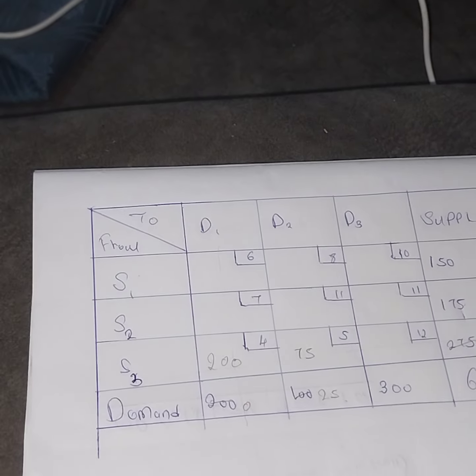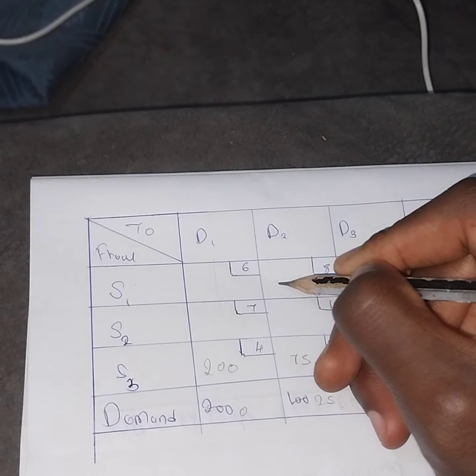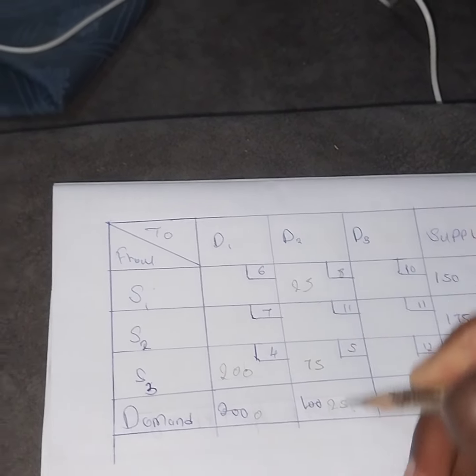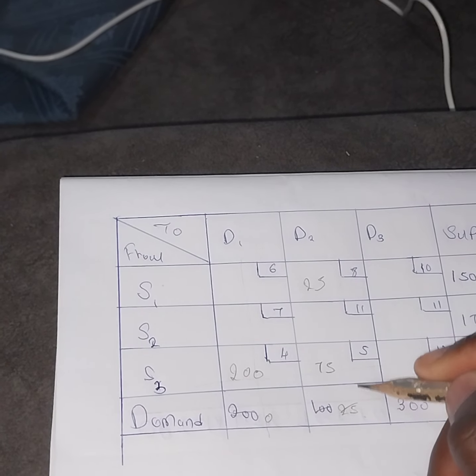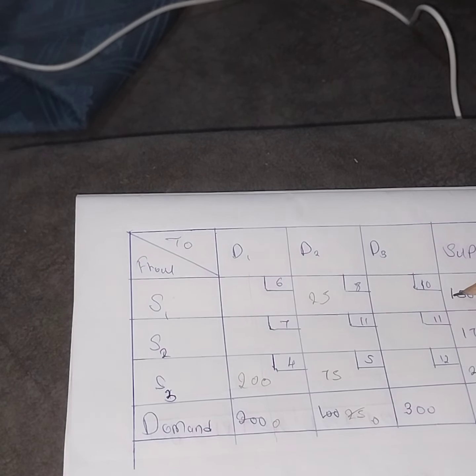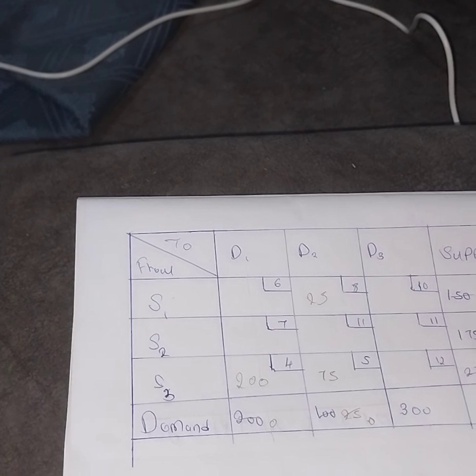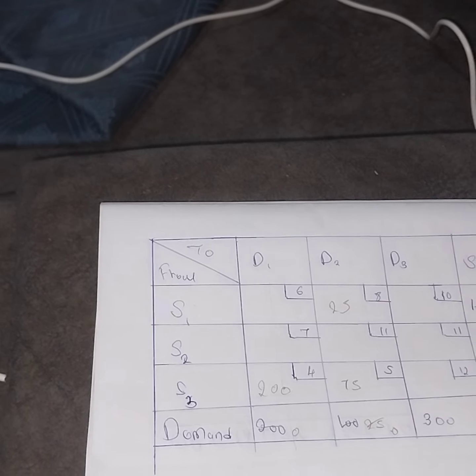So we can supply 25 units here at 8, and have a 0 there, and here we'll have unsupplied 125 tons.